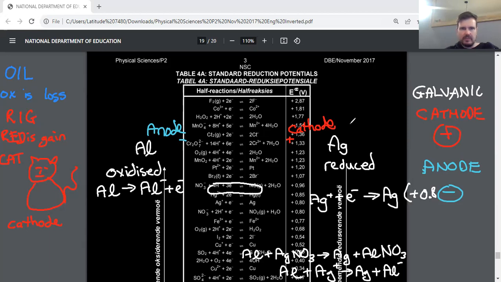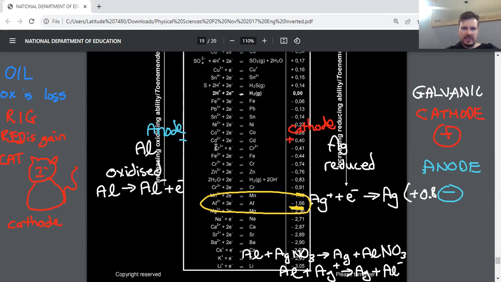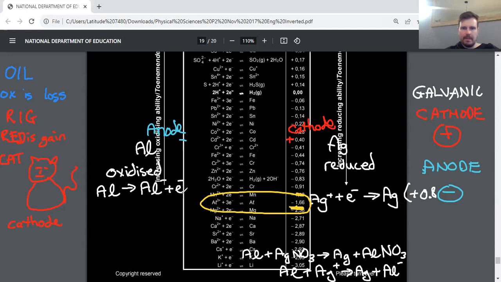I'm going to erase this one and use yellow. Can you see that there's this plus 0.8 there? That tells us the potential. And then if we go down to where the Al is, that's minus 1.66. So let's write it in. Minus 1.66 was this one, and this one was plus 0.8.